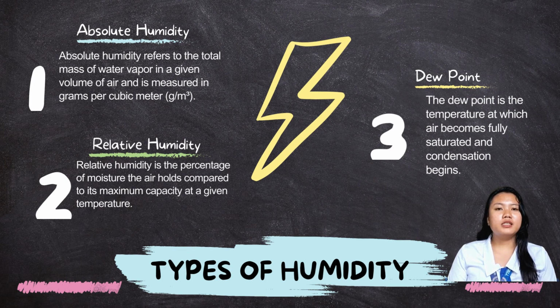Third is dew point. The dew point is the temperature at which air becomes fully saturated and condensation begins. Example: early morning dew forms on grass when the air temperature drops to the dew point.